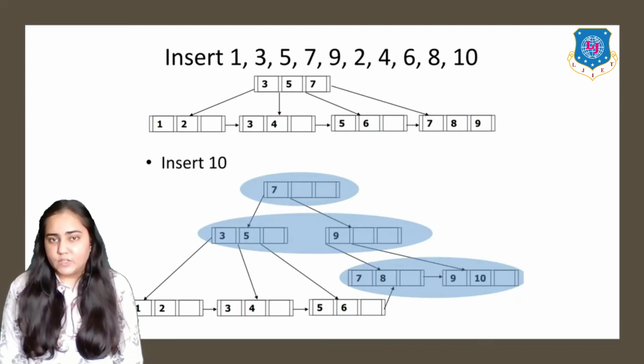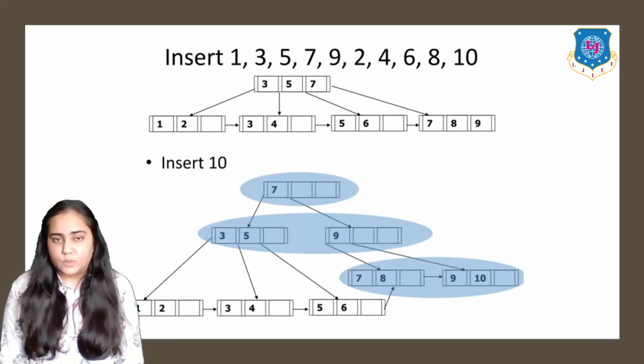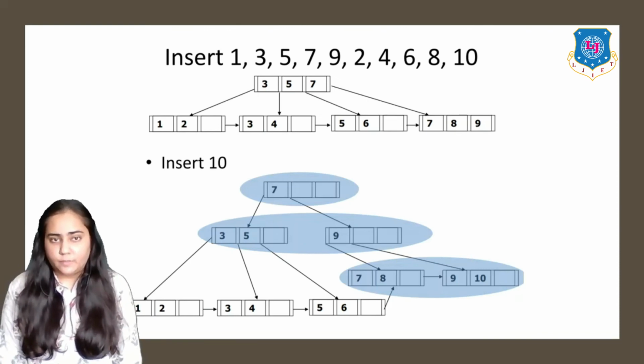So I will take 7 to the top level, and on the left side of 7, there will be 3 and 5. On the right side of 7, there will be 9. Then for 9, on the left side there will be 7 and 8, and on the right side there will be 9 and 10, because we need to maintain the copy of 9.